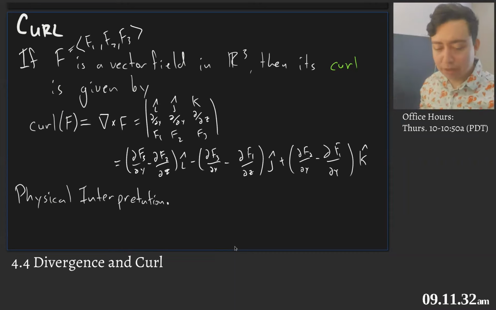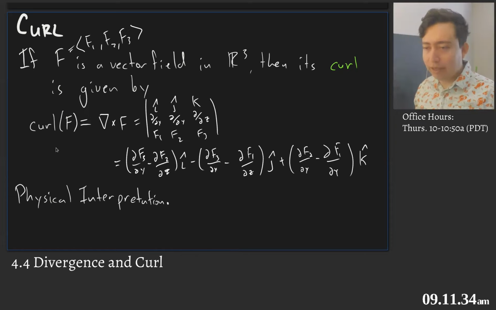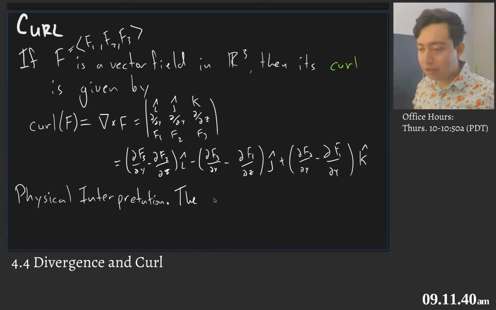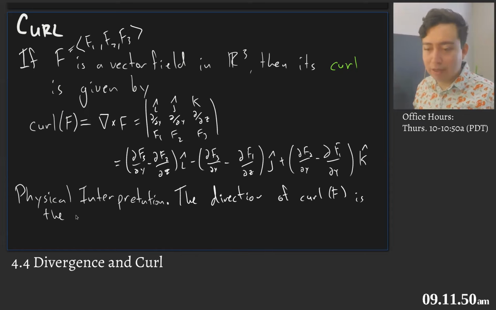So the output of the curl is a vector. The direction of the curl of F is the axis of spin on a rigid body.